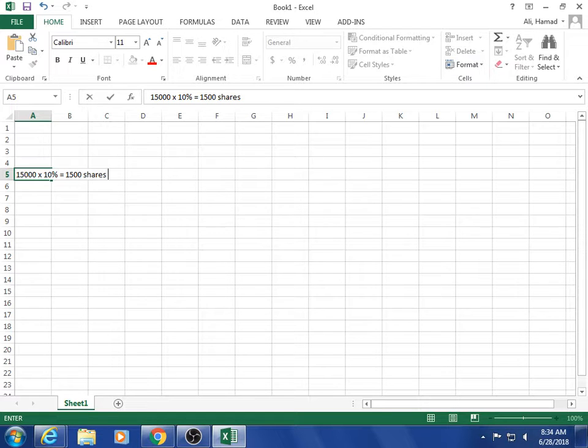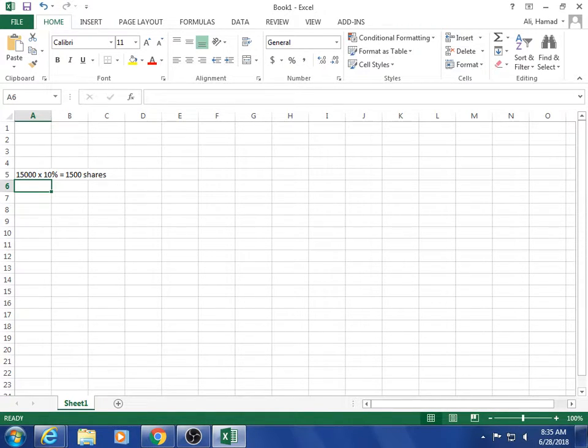But in terms of cash, if we were to assign a value, should we use the par value or the market value to determine the amount for this stock dividend? We will use the market value. What was the market value? $20.